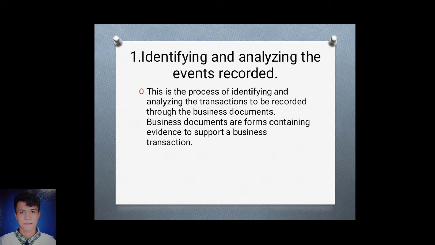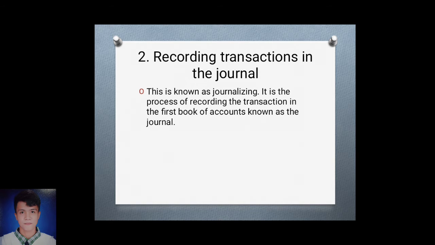These documents provide the data concerning the parties involved in the transaction, the exchange made, the date, and the money value of the exchange. In determining the exchange made, the value received by the business and the value parted is translated into their debit and credit components.